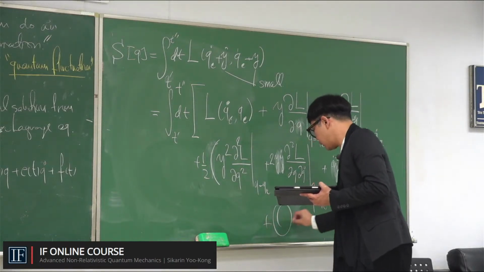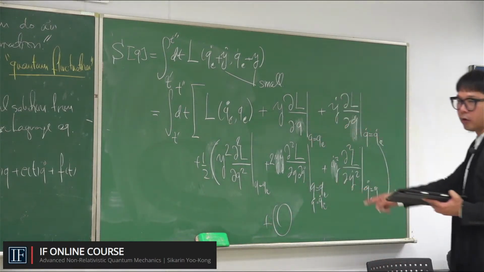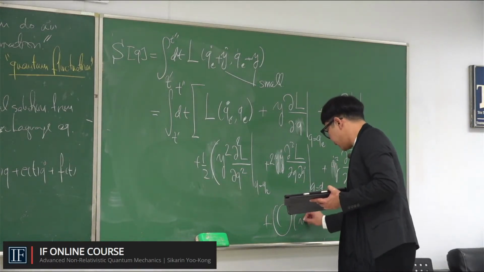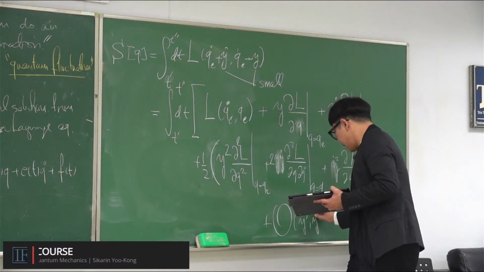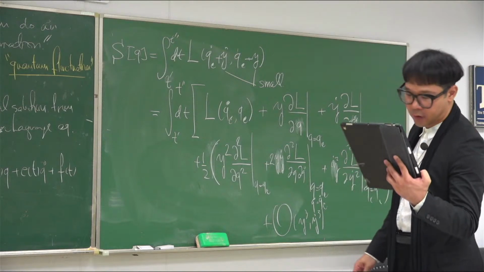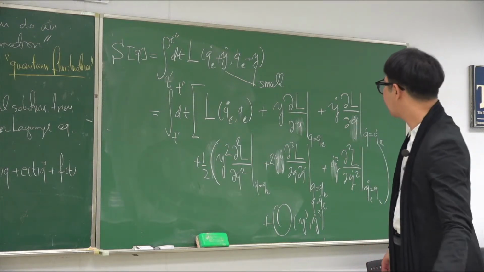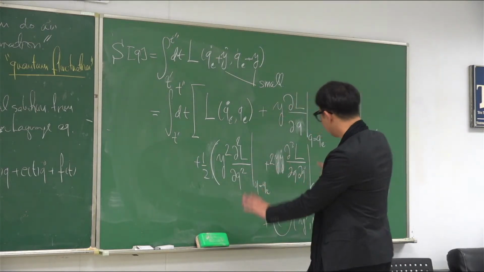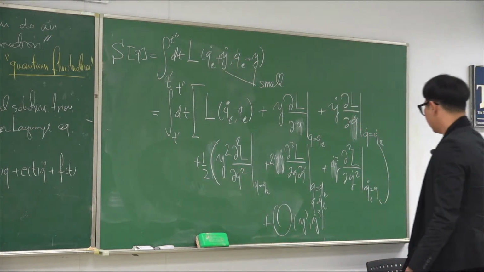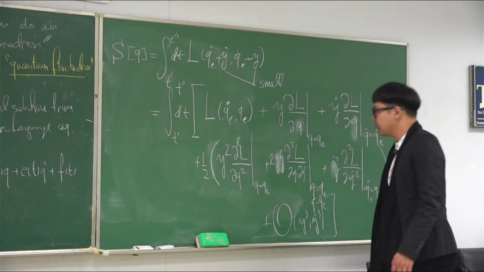And of course, then we have all the higher orders, but we stop at the second order, because since this is small, the higher orders are not needed in the expansion.